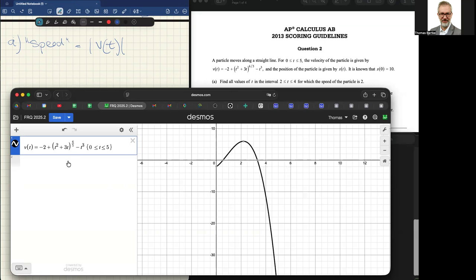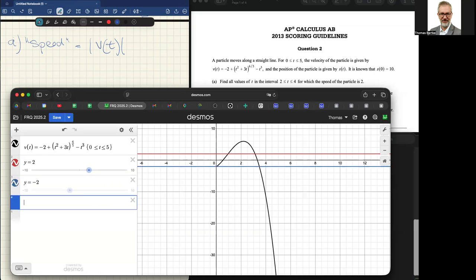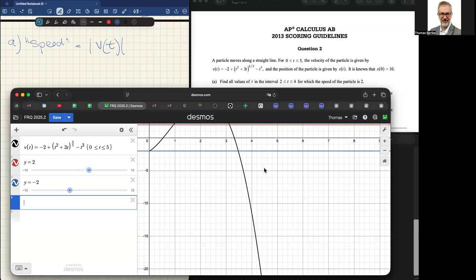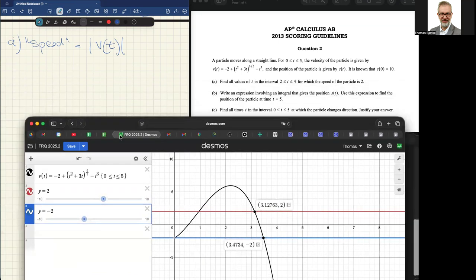So let's just make this easy by typing in y equals 2 and y equals -2 to get a couple of horizontal lines here, so that we can just click on the values and take the solutions from here. So that's one way of finding it.